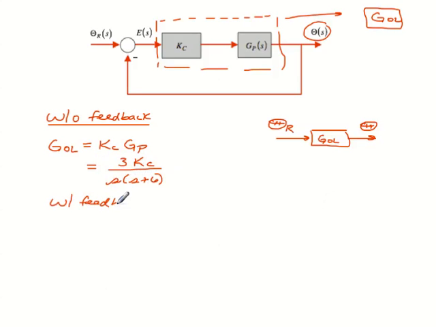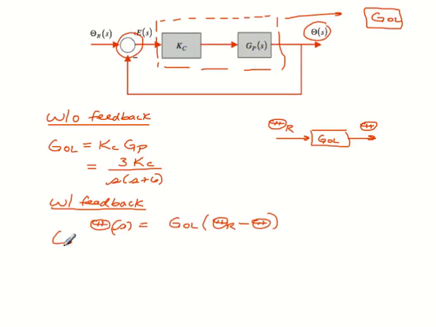With feedback, we look back at our original block diagram above, and we see that the output, theta(s), is equal to our open loop transfer function, GOL, where the input is the difference between our desired reference position, theta r, and our actual position, theta. So I bring my thetas both to the left-hand side, and I get (1 plus GOL) times our output is equal to GOL times our input, theta r.